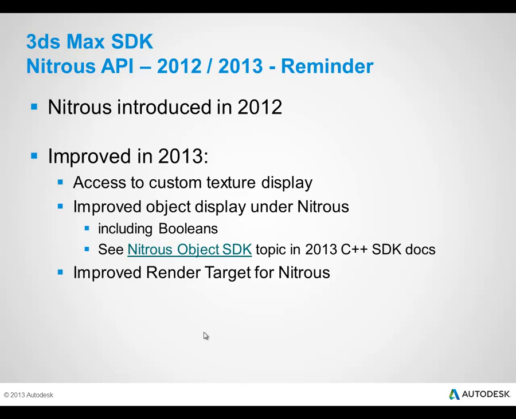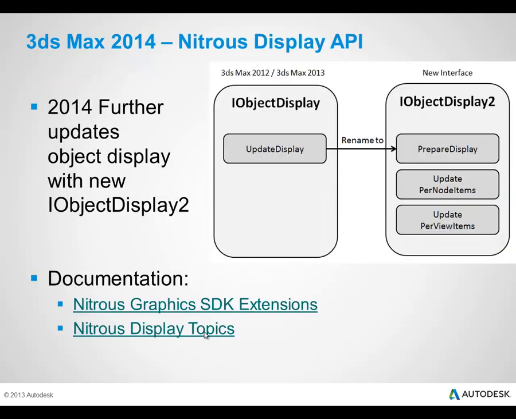So the Nitrous API: I want to remind you that Nitrous was introduced in the 2012 release. It's been improved in the 2013 release. These are the things that changed in 2013. Specifically, the Nitrous Object SDK was introduced in 2013, and as we go into 2014, it's been enhanced even further.